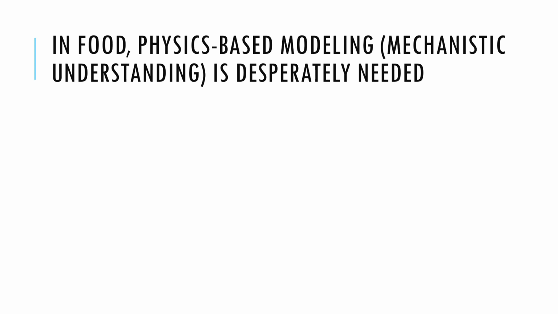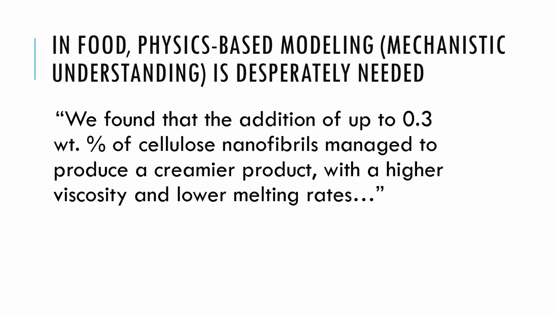So here's an example where mechanistic understanding can be useful. In this one, it talks about a conclusion. I just happened to choose this from a study in a very random way. It is not intended to put down anybody's work.